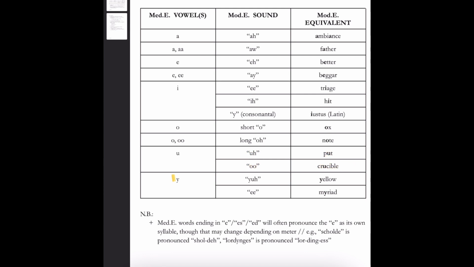And the letter Y might have that consonantal y, as in yellow, but I think you're more likely to see it as this E in this vocalic sense, as in myriad here. So think of this letter as E.